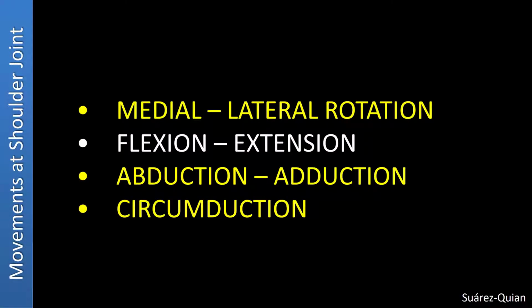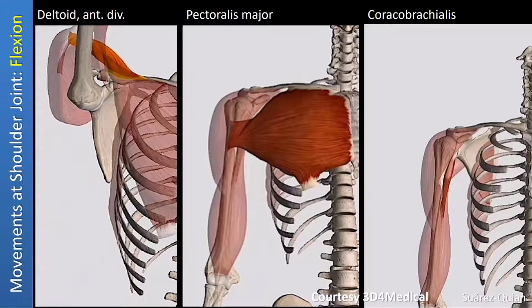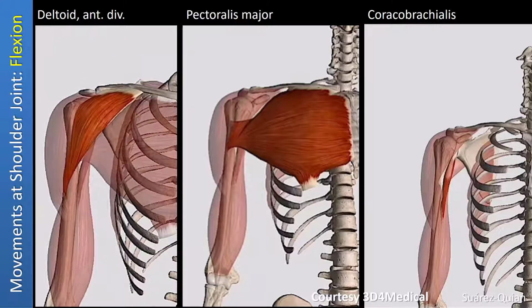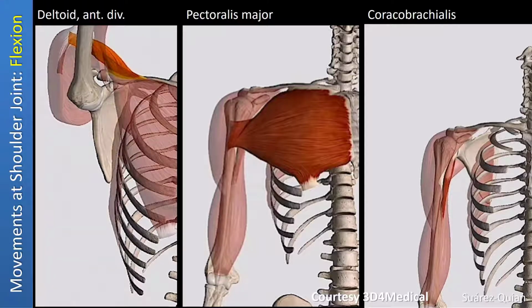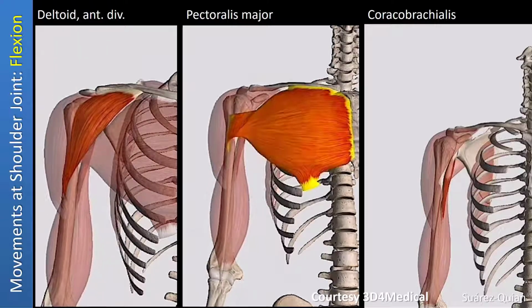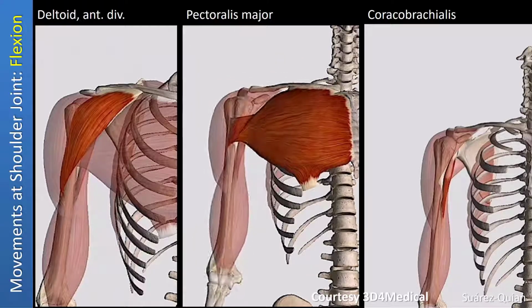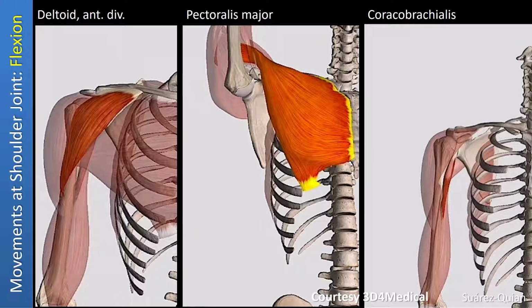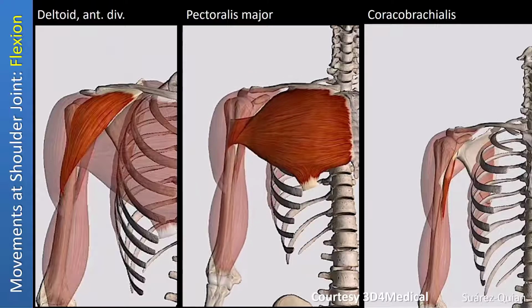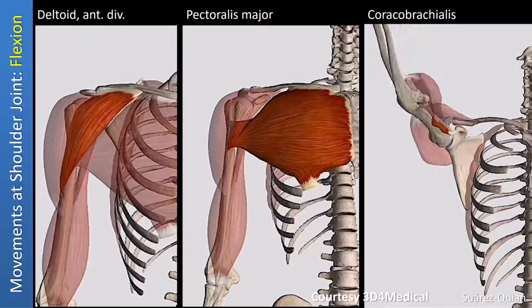Let's look at the muscles that cause flexion and extension. The anterior division of the deltoid, the pectoralis major, and the coracobrachialis act as flexors of the glenohumeral joint.